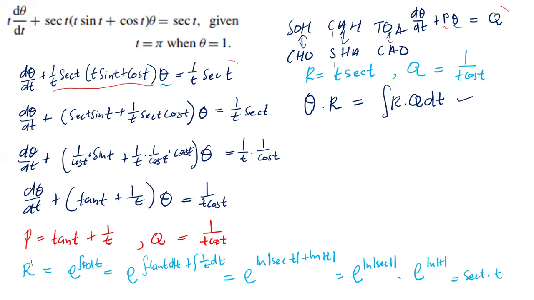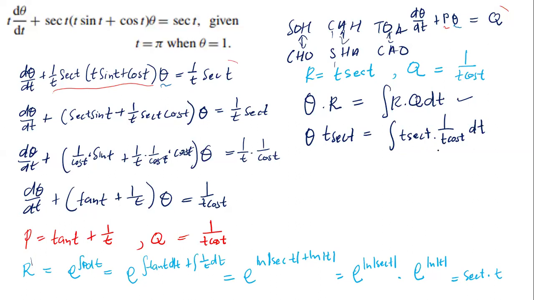Right. So now we have theta, our integration factor, it's t sec t, equals the integral of our integration factor, t sec t, multiplied by q, which is 1 over t cos t dt.